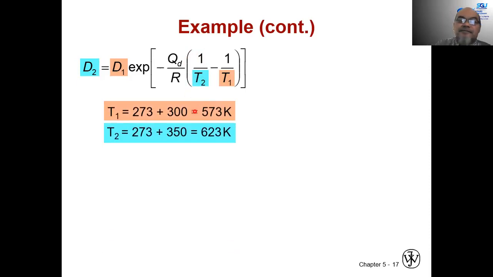T1 is 300 degrees Celsius, which is equal to 573 Kelvin. T2 is 350 degrees Celsius, equals 623 Kelvin.